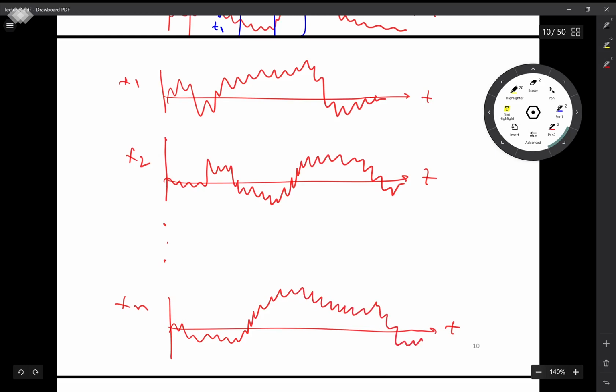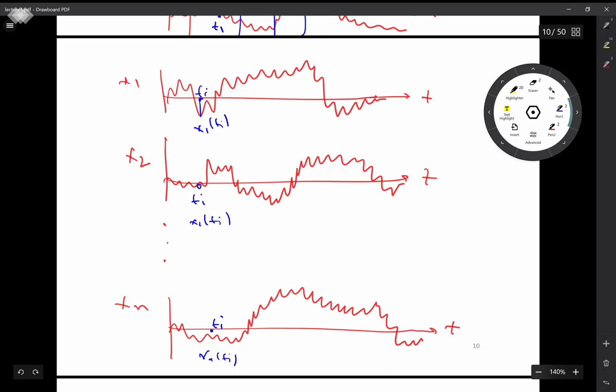Then we take one time, say ti, and we know what will be x1 ti, x2 ti, xn ti.